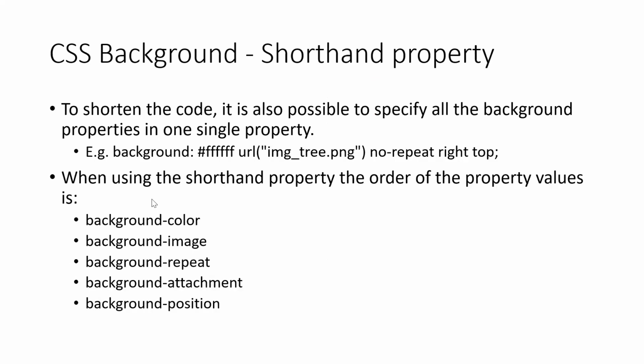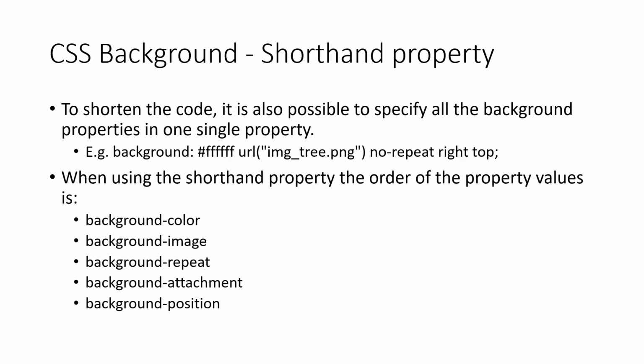Now, you can combine all these together. We call it shorthand, or shortening the code. Remember, we talked about how to change the color, how to have an image, whether to repeat or not, and where to position it.